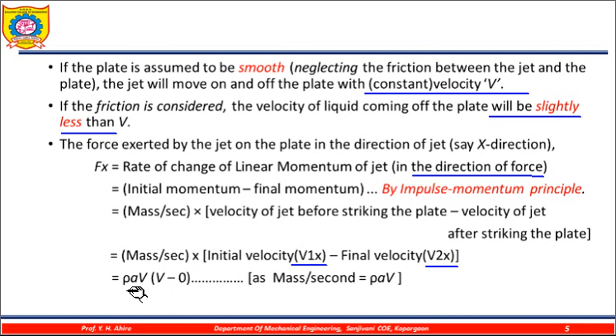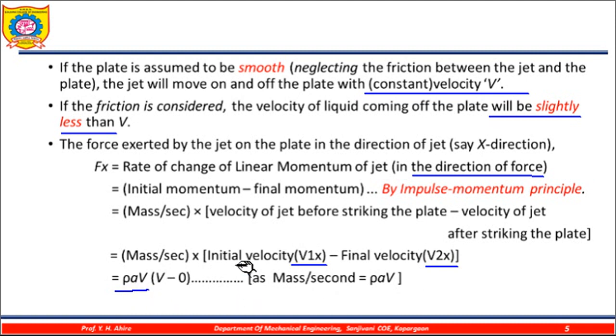Now we know the mass flow rate of the jet is given by rho AV. Mass per second is rho into A into V, which is nothing but rho into Q. Density into volume flow rate gives mass flow rate in kg per second.